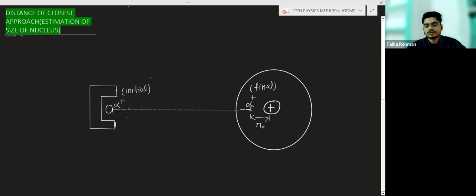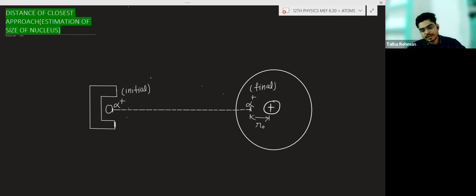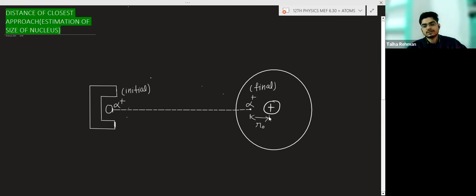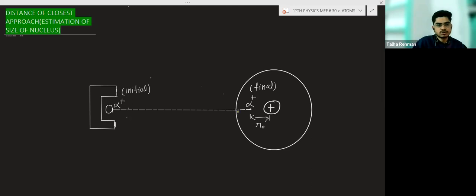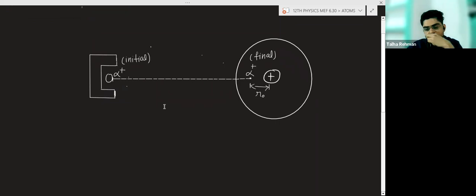Finally there is a point where the kinetic energy becomes zero, and the velocity or speed of the alpha particle will become zero, and the distance between the alpha particle and the nucleus at that time will be known as the distance of the closest approach, that is r naught. So here we will apply the conservation of mechanical energy.